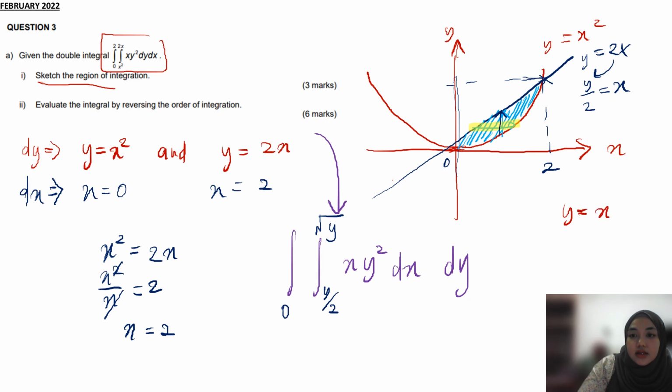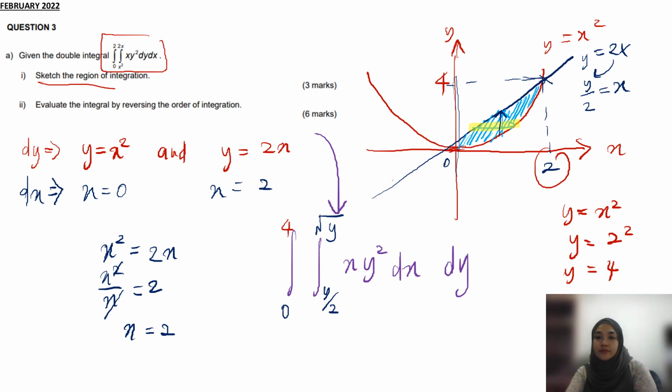Y equals x squared, so you substitute the value: y equals 2 squared. So y equals 4. So here is 4. Don't simply take 2. You have to calculate.